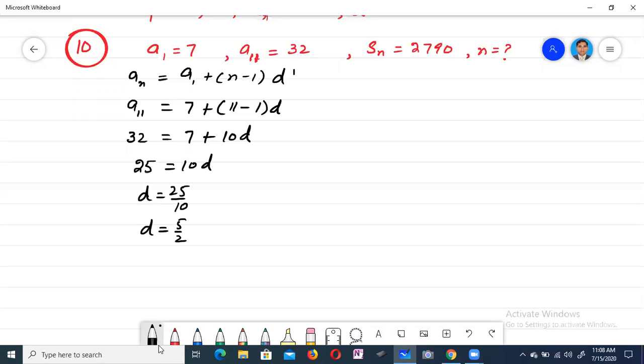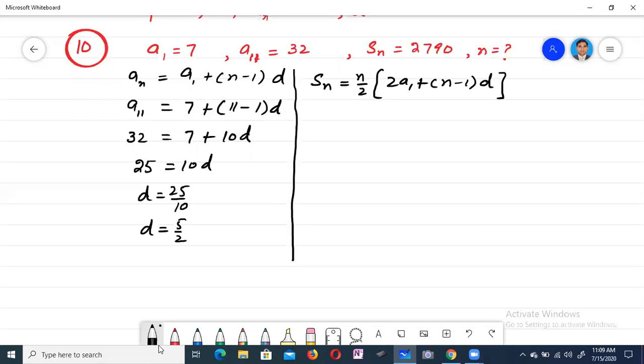Now after that, Sn is given here. You know the sum of a series up to n terms is n by 2 into (2a plus (n minus 1) into D).